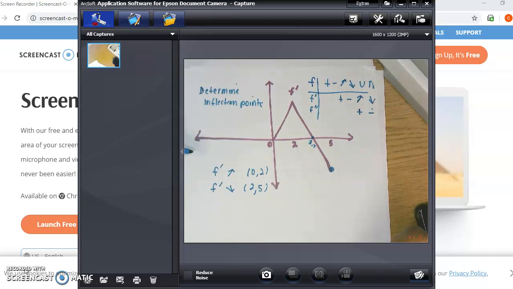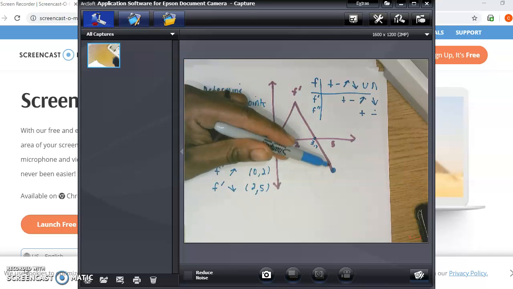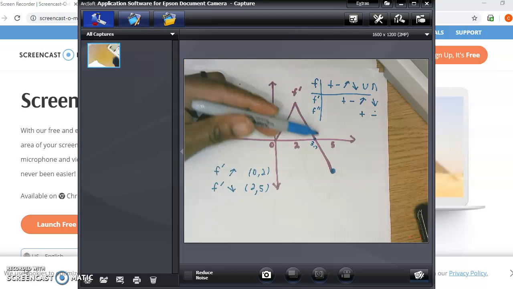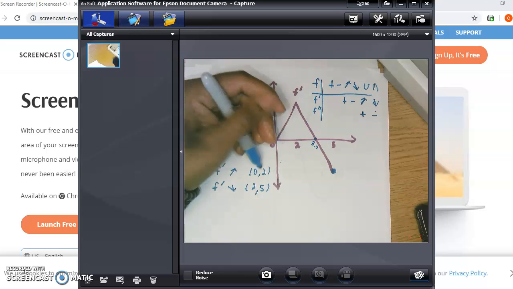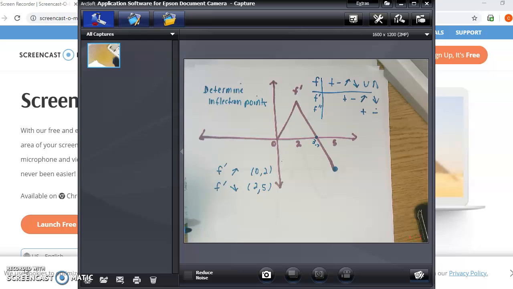If the derivative is increasing, we know that the original function f is concave up, so f is concave up from 0 to 2. But from 2 to 5, it starts concaving down. So the concavity changed, it went from up to down. So 2 is our point of inflection, because the concavity is changing.